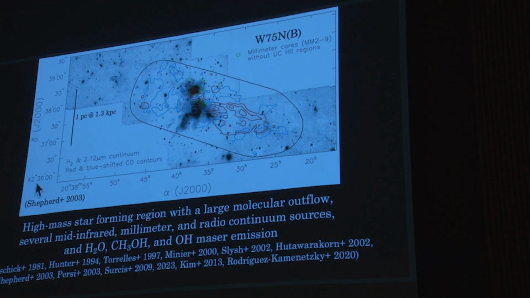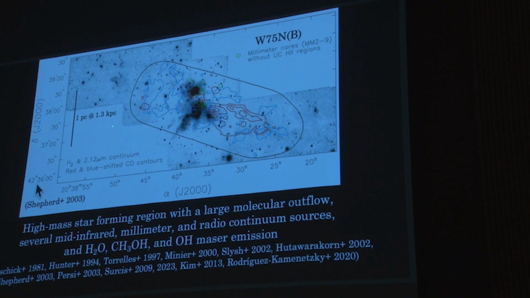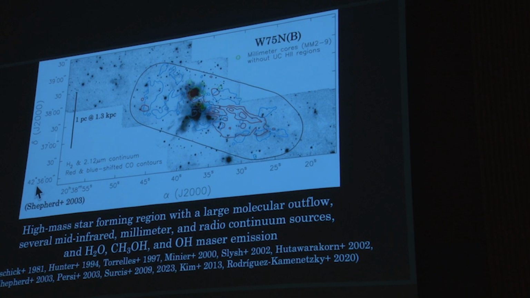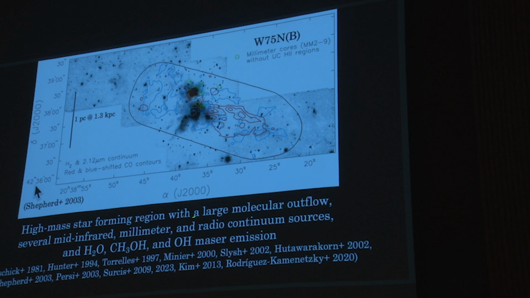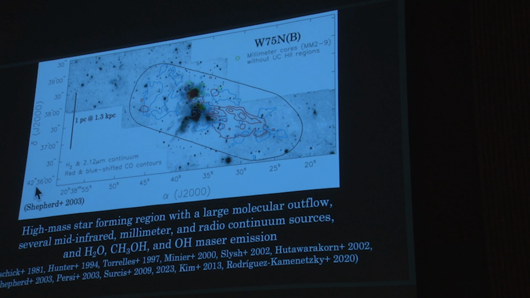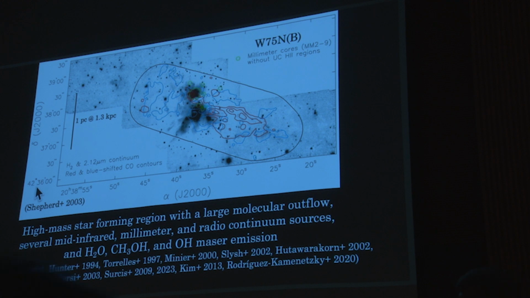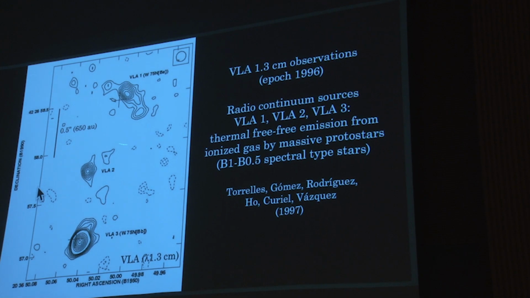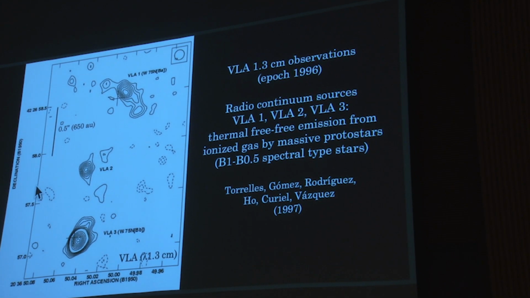Okay, so the W75N star-forming region is a massive star-forming region located at 1.3 kiloparsecs, and it has a very extended bipolar molecular flow seen in CO, extended over several parsecs of length, and there are many indications of massive star formation with radio continuum emission, water masers, methanol, OH masers, etc. At the center of this region, there are 3 massive protostars, VLA1, VLA2, VLA3, traced by the radio continuum emission at 1.3 centimeters.